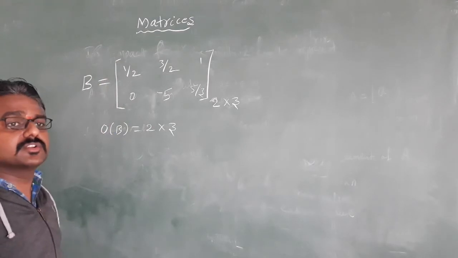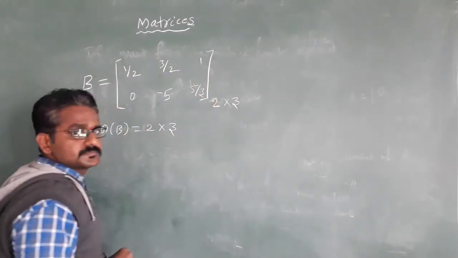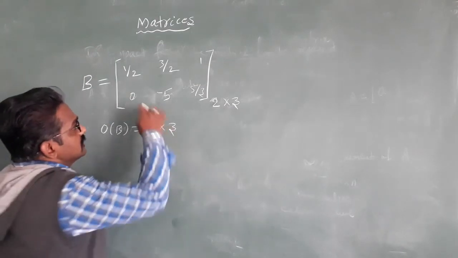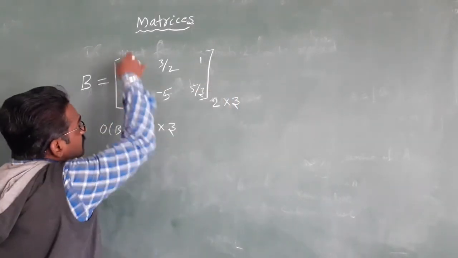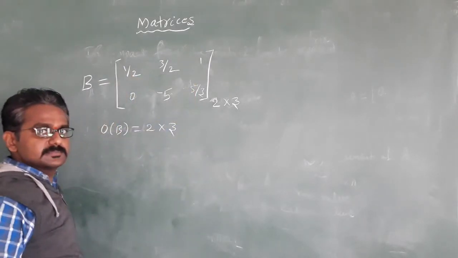So in which row and which column is each present? It is the first row, second row, and first column, second column, third column. Okay.